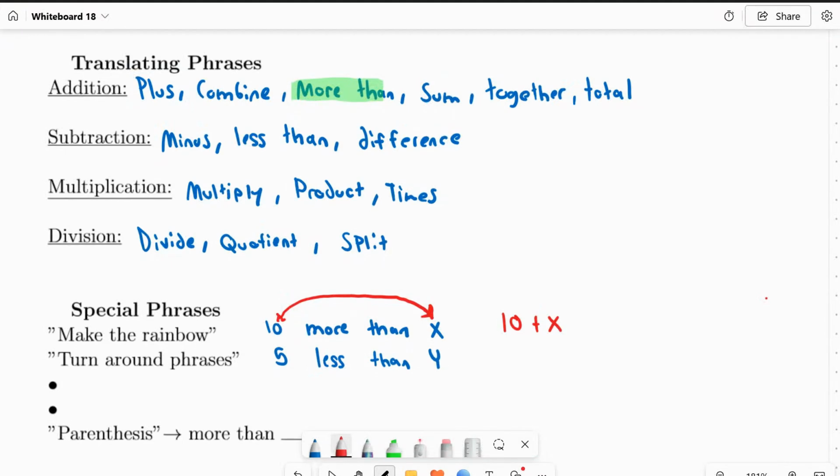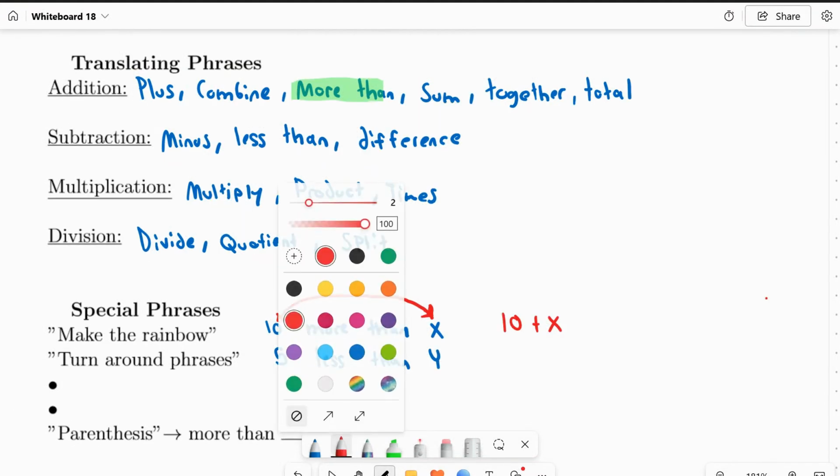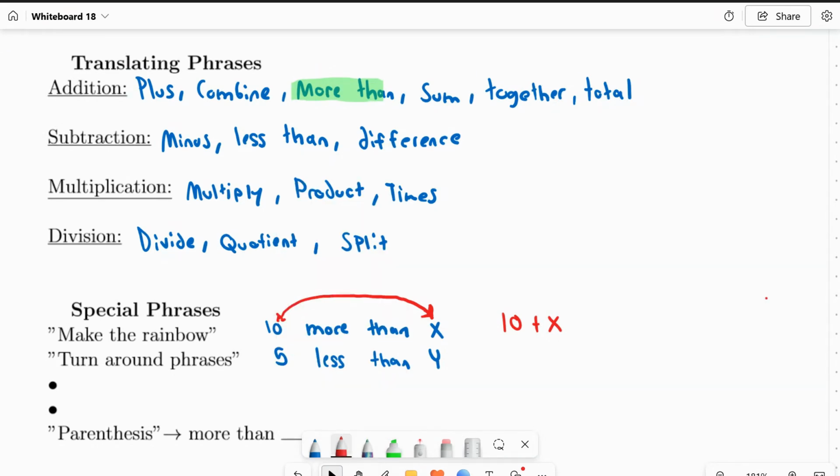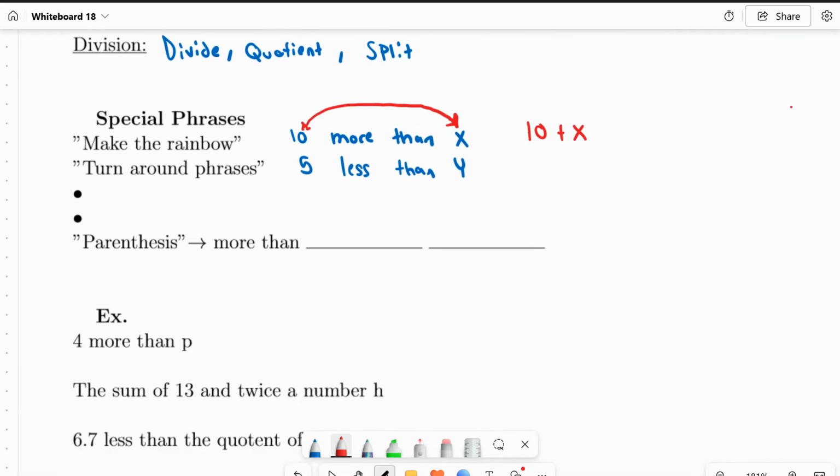And in these cases, 5 and y are going to be connected. But instead of saying 5 minus y, it turns around and becomes y minus 5.